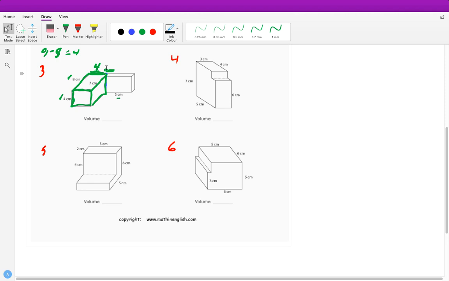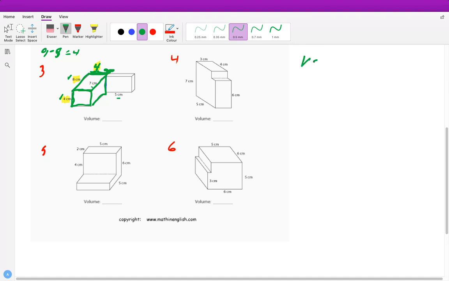Now we have these sides of 4, of 8, and of 4. Why aren't I using this 7? It's because the 7 did not go to the very end back here. The 7 was just this little top part of the L.